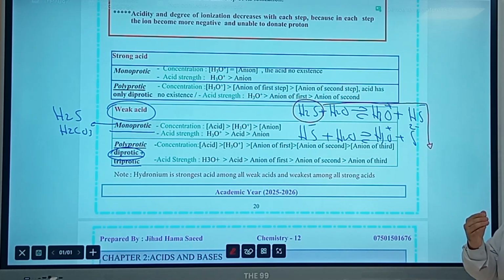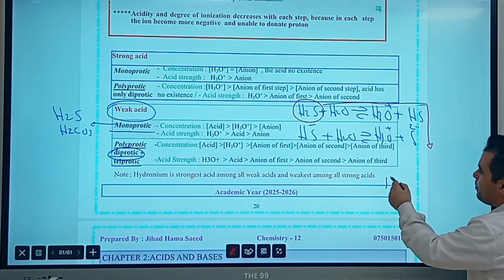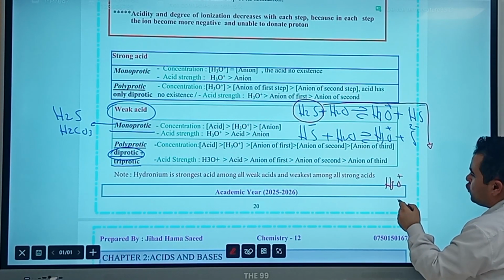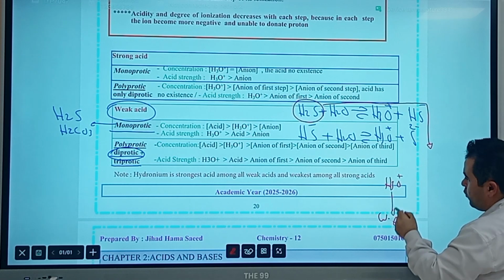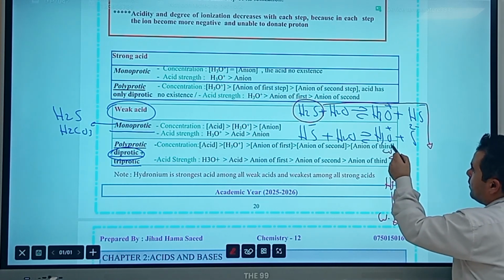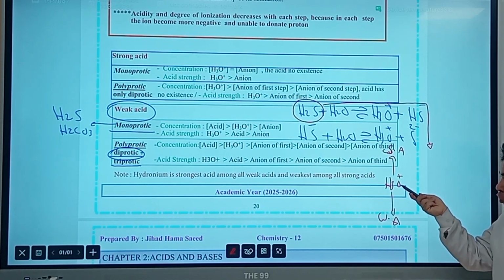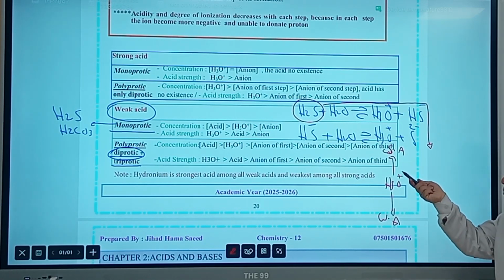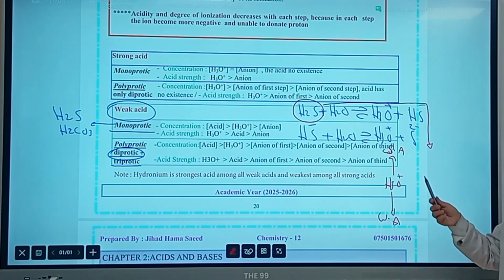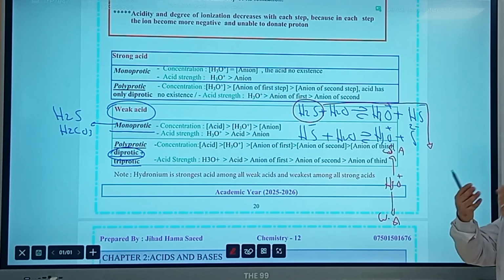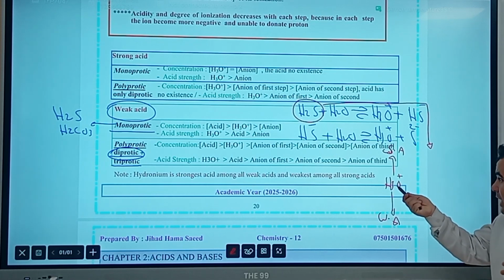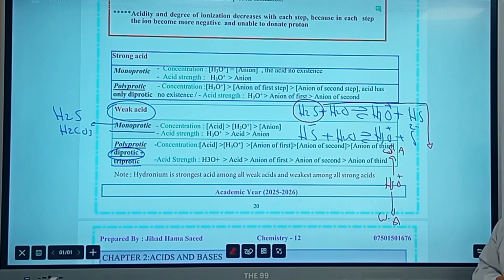How about in terms of strength of acidity? Guys, when we compare hydronium with the acids, its position is above all the weak acids and below all the strong acids. So compared with a strong acid, it acts as the weakest among the strong acids, but it is the strongest acid among all the weak acids.